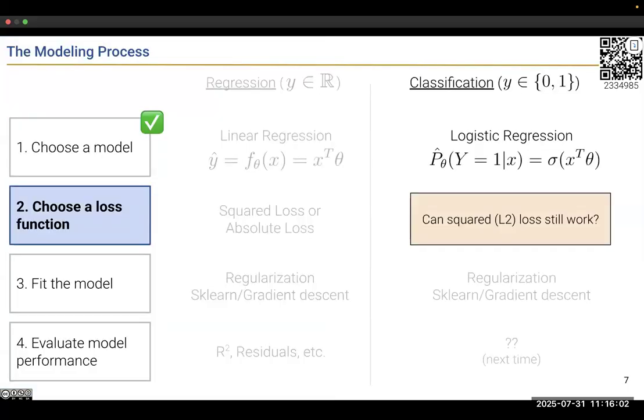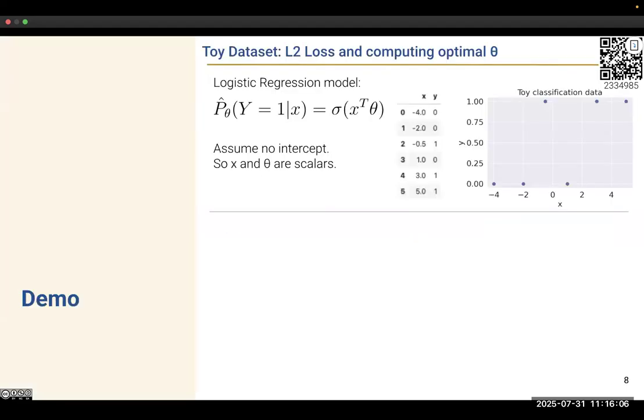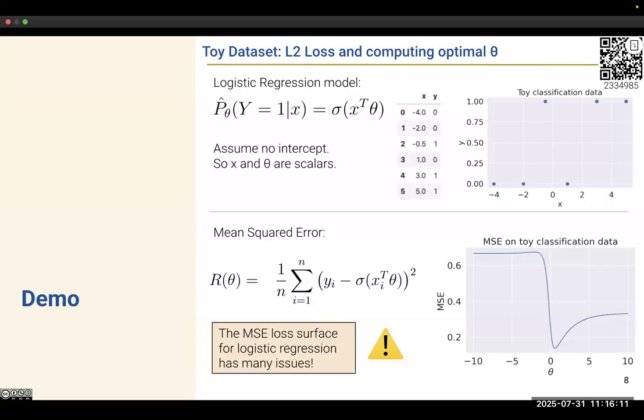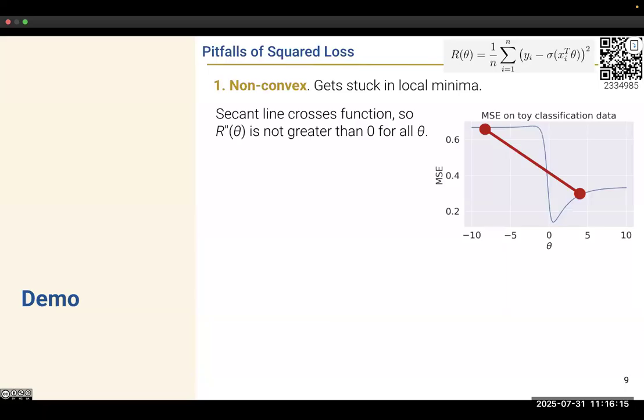So we were talking about the loss yesterday. We talked about why we can't use L2 loss. One of the reasons we can't use L2 loss with logistic regression is because the loss is not convex.